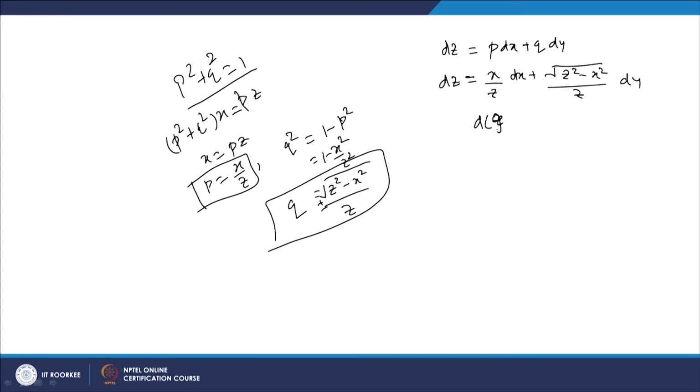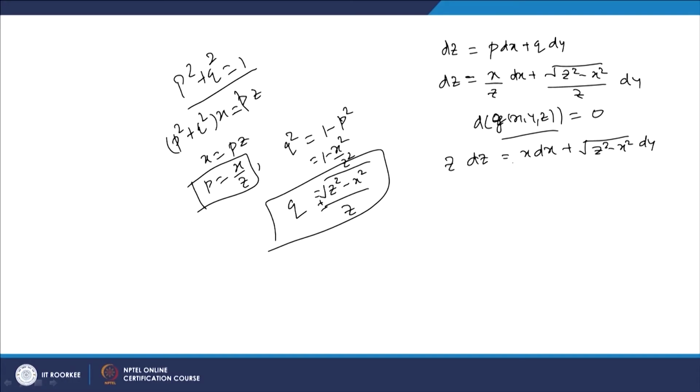So, we want to say that it is written as g(x,y,z) equal to 0. So, we want to find out the expression g(x,y,z) equal to 0. So, for that you see that here you can write down z dz equal to x dx plus under root z square minus x square dy.